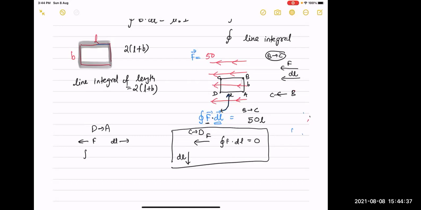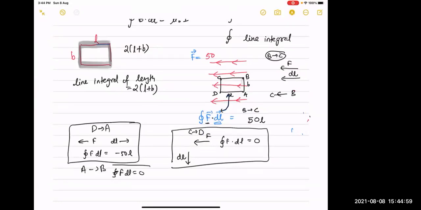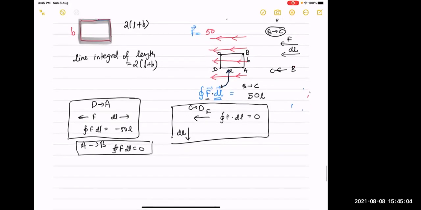So the answer of F dot dl here is minus 50 into L, because F is 50 and the length is L. Understood? And again from A to B, I don't need to explain this again. F dot dl is 0. Everyone got it?